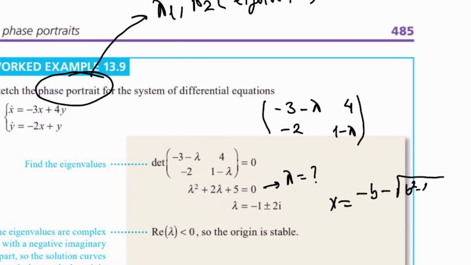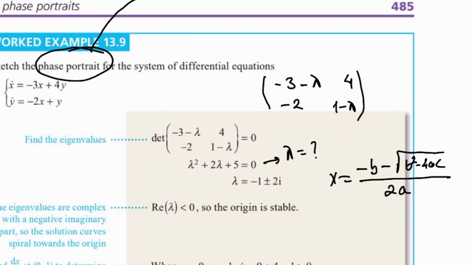Square root of b squared minus 4ac, divided by 2a. Okay, so let's apply this formula here. So minus b, which is what? Minus 2, minus or plus, right? This is the rule. Minus or plus 2 roots.